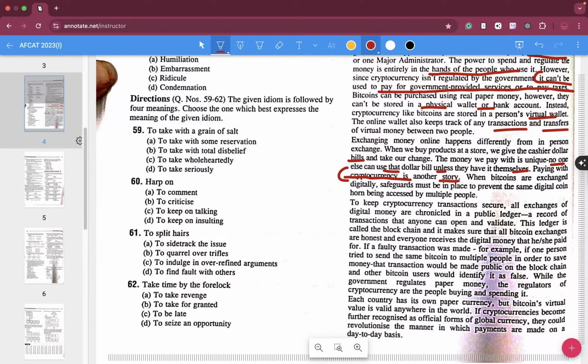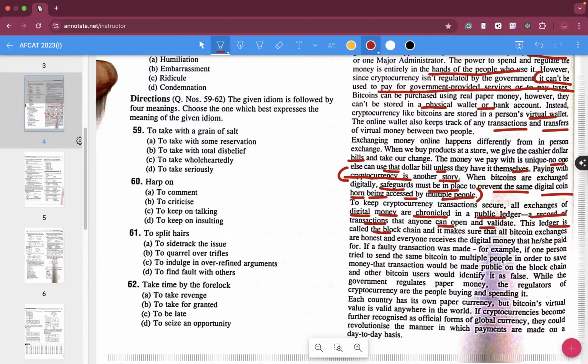When bitcoins are exchanged digitally, safeguards must be in place to prevent the same digital coin from being accessed by multiple people. To keep cryptocurrency transactions secure, all exchanges of digital money are chronicled in a public ledger, a record of transactions that anyone can open and validate.